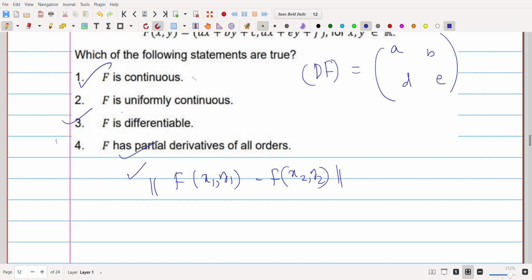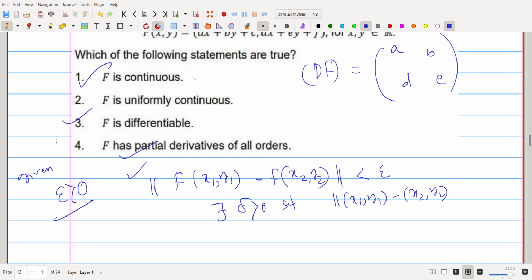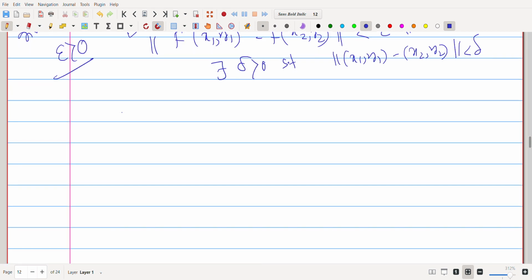Since it is in R2, I can take f of (x1, y1) minus f of (x2, y2). I need to show that for epsilon greater than 0 given, there exists delta such that the distance between the points less than delta implies this holds, by definition.